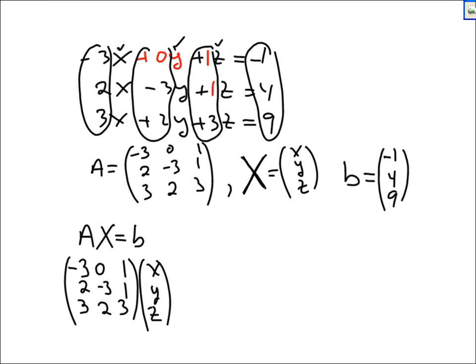Okay, well, just for the record, A is a 3 by 3 matrix, and X is a 3 by 1 matrix, and the inner numbers are the same, so we're going to get back a 3 by 1 matrix. 3 rows, 1 column.